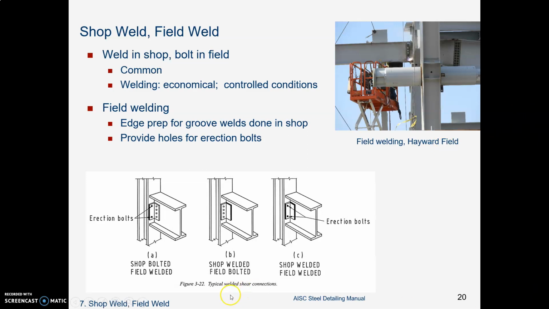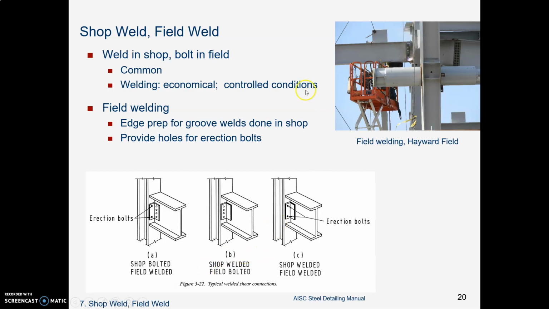What is common is for the steel fabricator, the shop, to do some things to make it easier for the assembler out in the field to do their job. So in the shop, if there's going to be a groove weld, the fabricator will prepare the edges for the groove. They'll bevel them or V them or whatever.